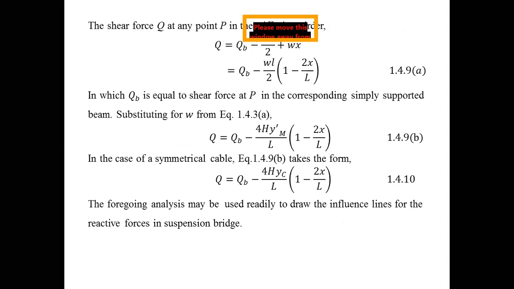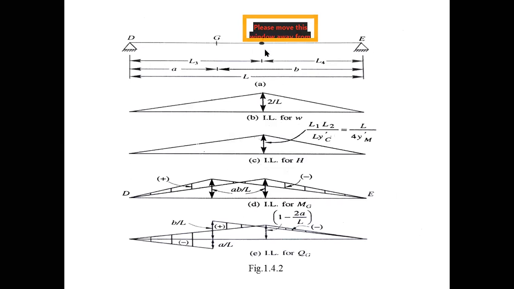Here, what is AB? This is the simple uniformly distributed load, WAB by L. AB by L, the ordinate will be AB by L. So what is A? L3, and B is L4. So L3 into L4 by L. You put unit force for MB in this equation.